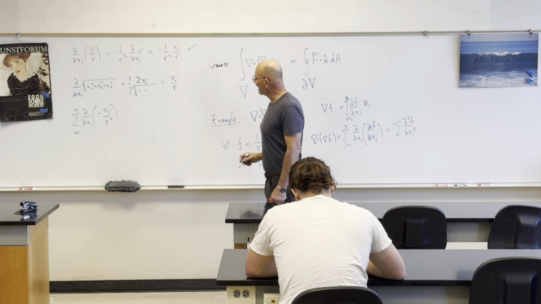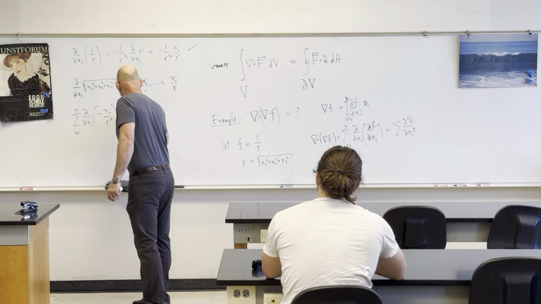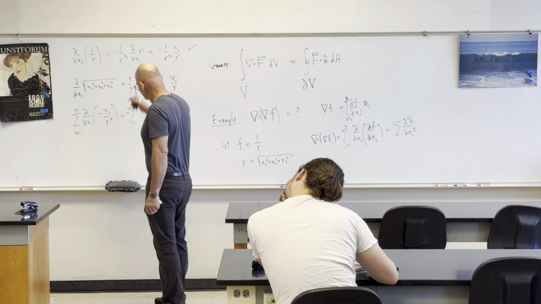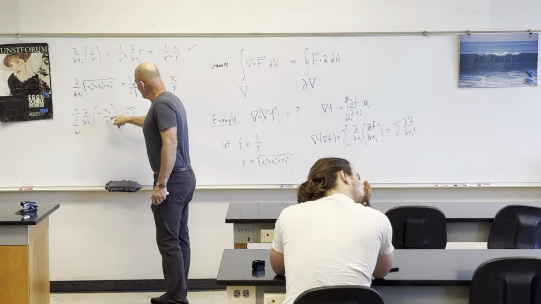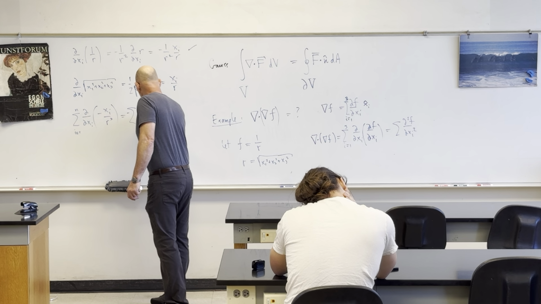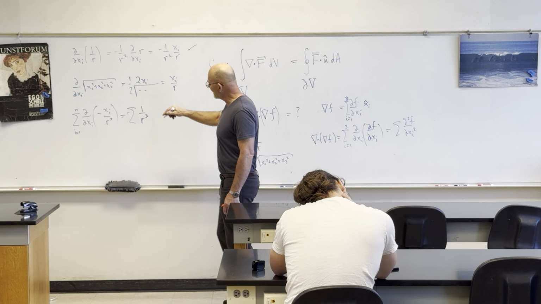Okay, that'll give us the second derivatives. Okay. So here we go. We've got summation, minus sign out. The first one gives us a 1 over r cubed. Minus signs out front.